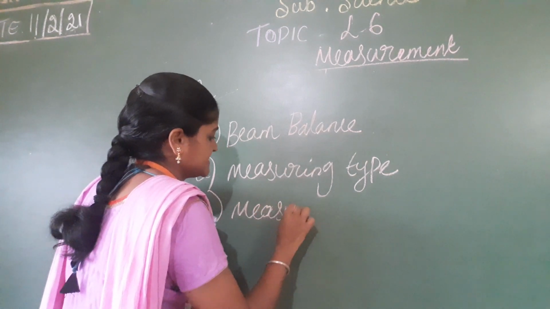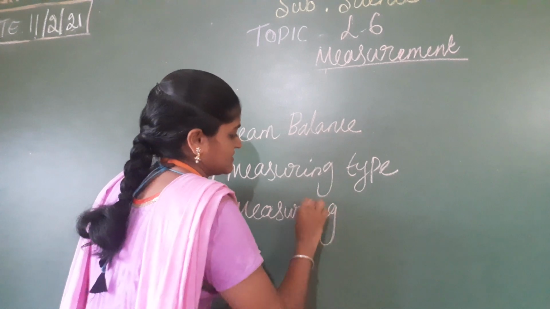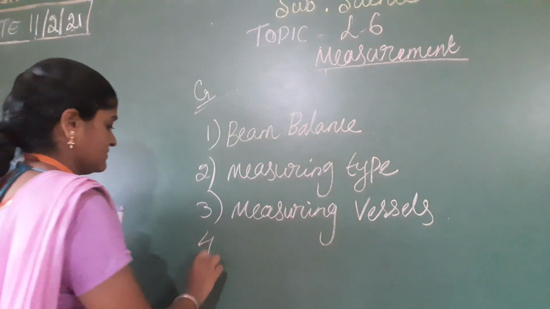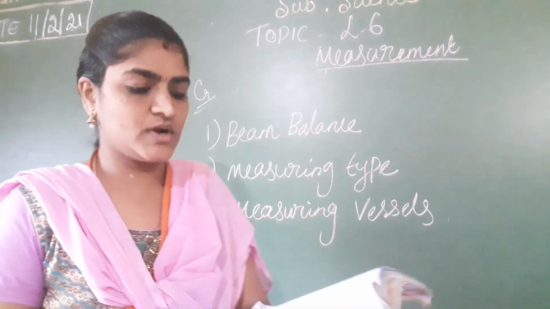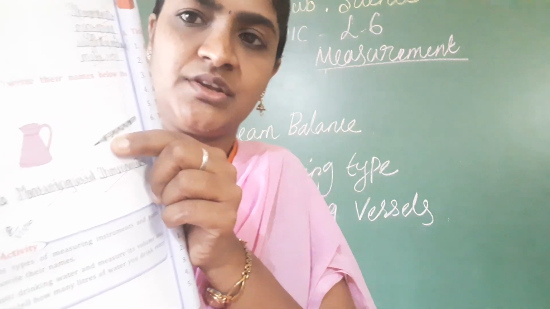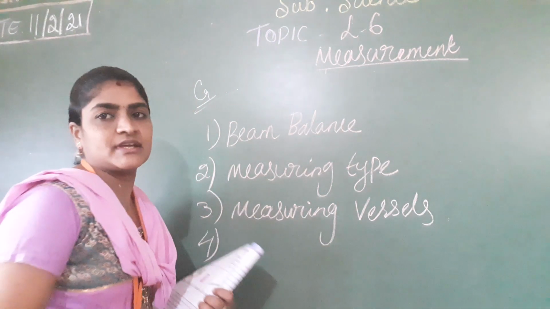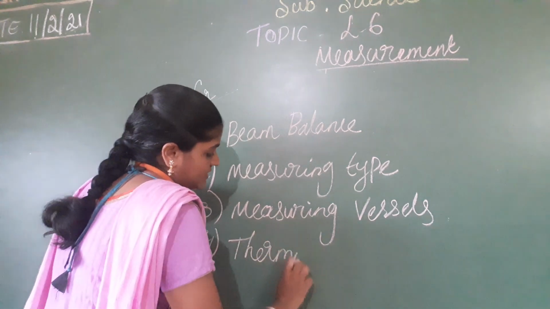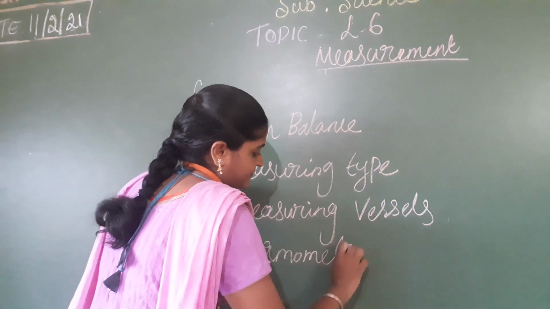Right, measuring vessel. Next, fourth one, this image I have already shown you, that is a thermometer. Using the thermometer we can measure the body temperature. So write there thermometer.